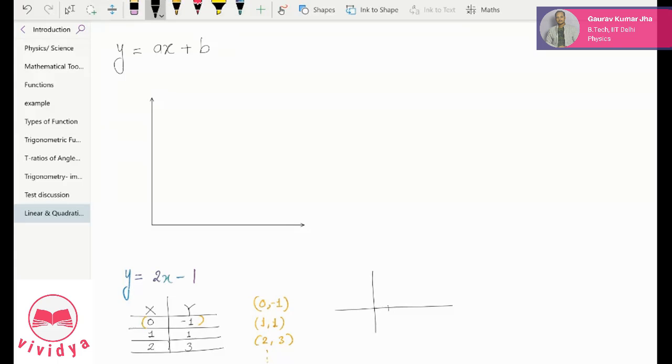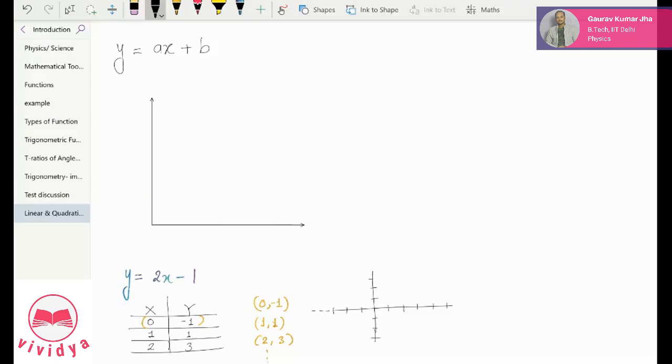This is 1, then at about the same distance, this is 2, this is 3, this is 4, this is 5, and so on. This is -1, -2, -3, and so on. So roughly you have to draw 1, 2, 3, and so on, and -1, -2, -3, and so on.